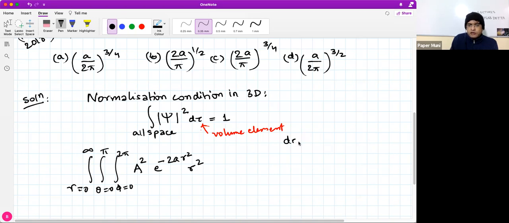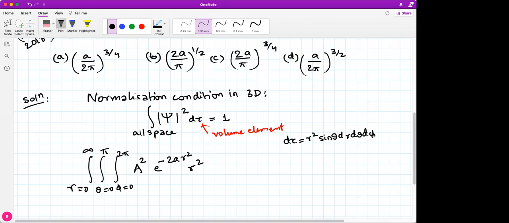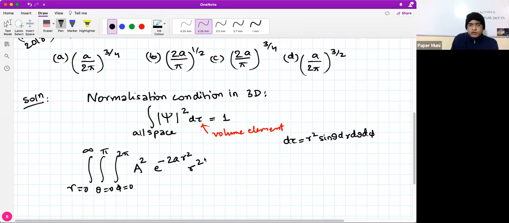Now we know the volume element is r square sine theta dr d theta d phi, right? If you substitute this, you'll get dr d theta d phi.